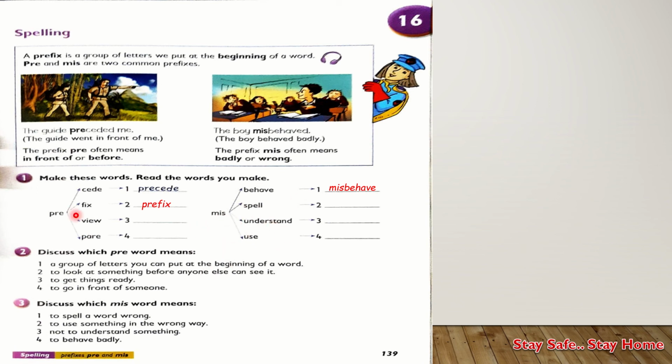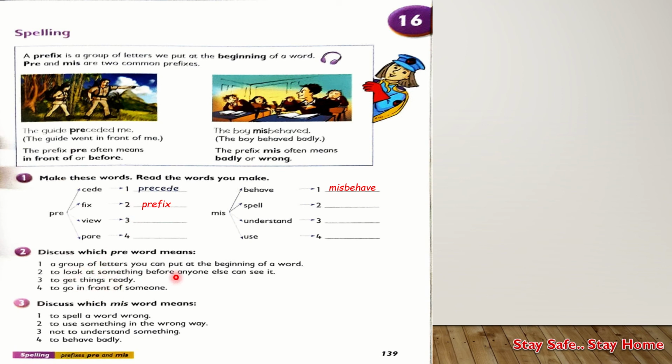Now, after you finish exercise number 1 this way, you go to exercise number 2. In exercise number 2, it says discuss which pre-word means. Yani, we have a group of meanings here for those 4 words that start with pre. Those meanings are theirs.